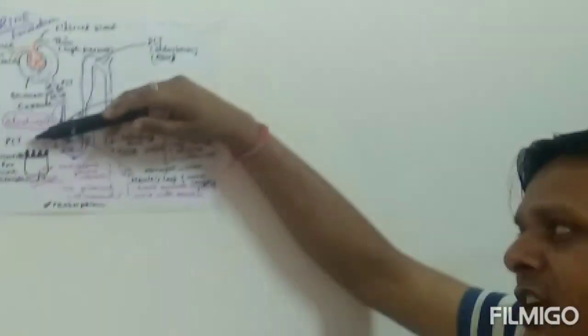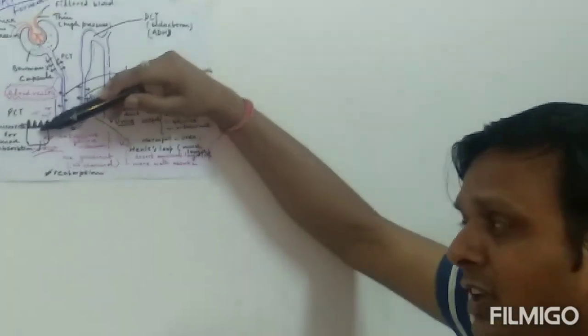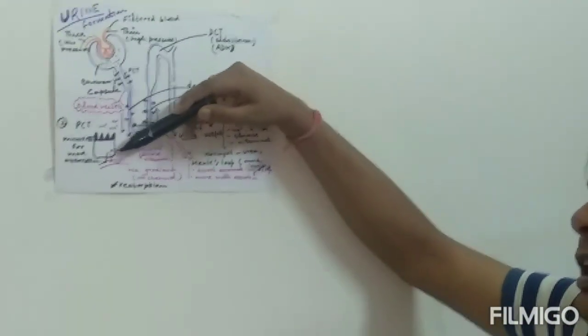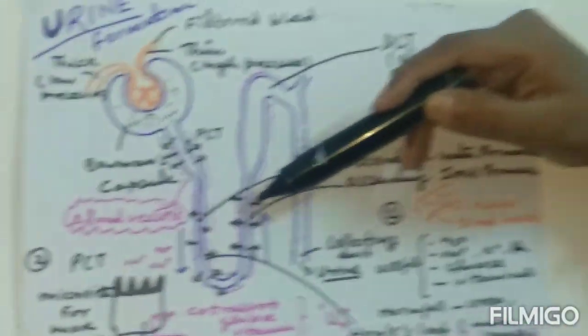Remember, microvilli are a special structure in the PCT which increase the selective reabsorption process, and sodium is absorbed with co-transport of glucose and vitamins. Henle's loop has two parts, the descending limb and the ascending limb.